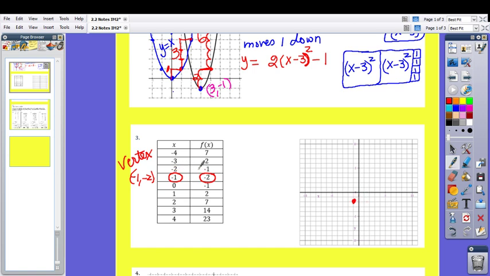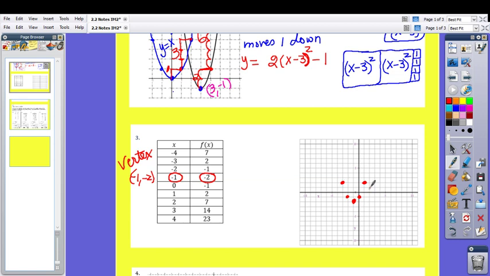Now let's do this one. So -2 and -1, so this guy here, and then 0 and -1, so this is x equals 0, this is -1, and then you have 1 for 1 it is 2, so it's right here, and for -3 it's 2, so it's right here, okay.